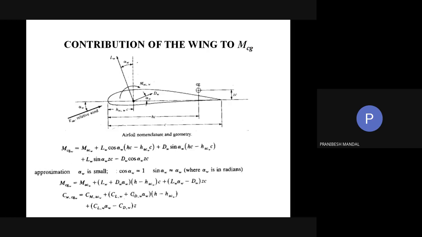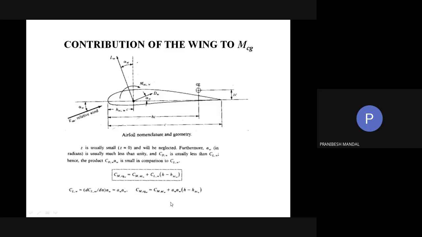From this equation, we omit Z, so this one is out. We omit this one with respect to CL, so this is also gone. So what is left? This one, CL multiplied by this. Is it okay? Clear, sir. Yes. Now you see, CMAC, will it be dependent on alpha?